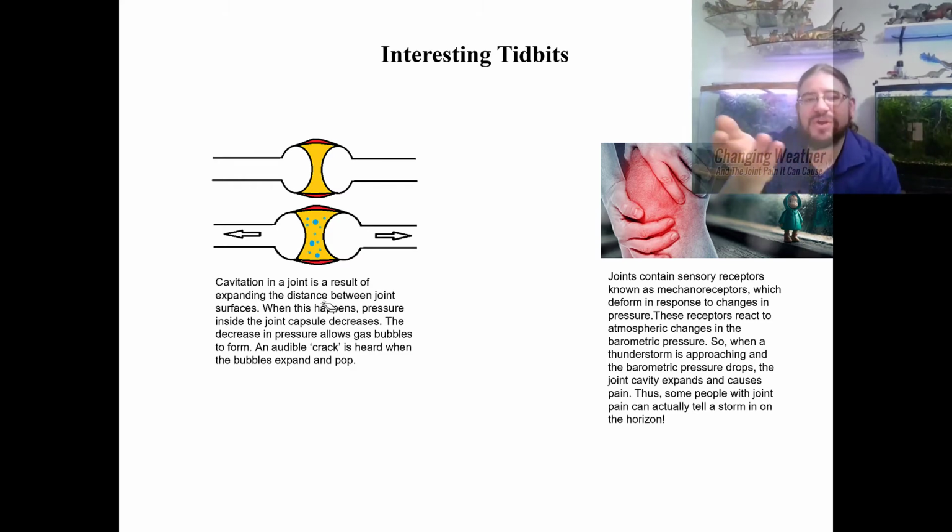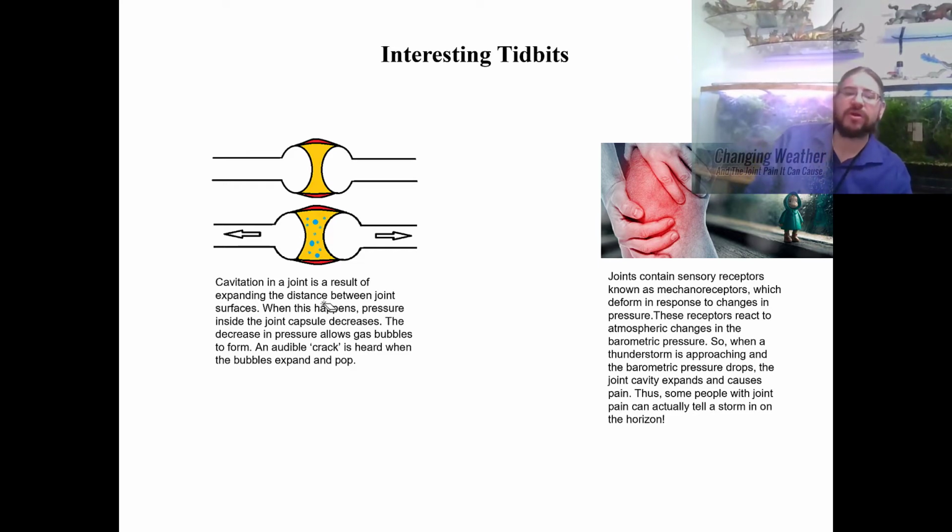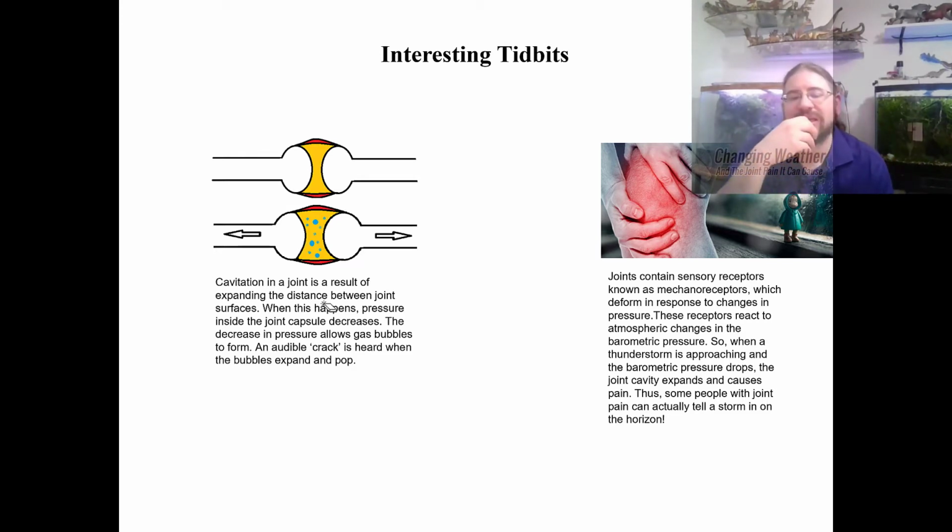And that is the sound of those bubbles expanding and popping. And then if you've ever known someone or are someone who feels like their joint pain responds to the weather, you have pressure mechanoreceptors in your joints. A mechanoreceptor is just anything that sends a signal to your brain in response to position. So it could be responding to a lot of things.